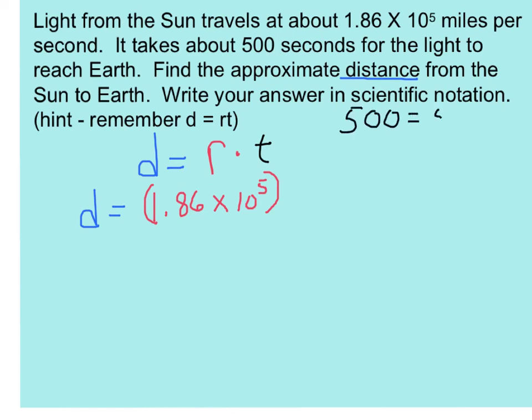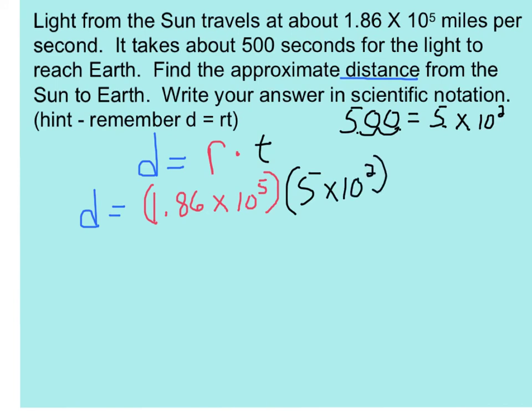So it needs to be 5 point. So this decimal has to go 2 places. So it's 5 multiplied to 10 to the 2nd power. So 500 is really 5 multiplied to 10 to the 2nd power.